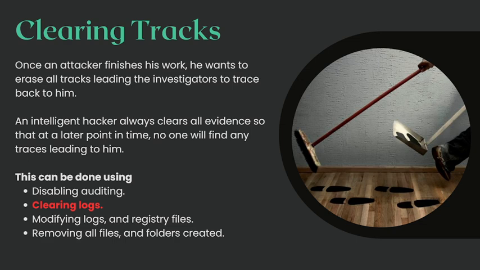An intelligent hacker should always clear any evidence which is left on the system. This can be log files. We can clear the log files. We should delete the files and folders which we created, even remove the malware once we are done with our work, so that we remain undetectable and no one can trace us.